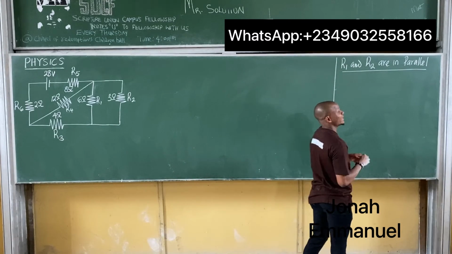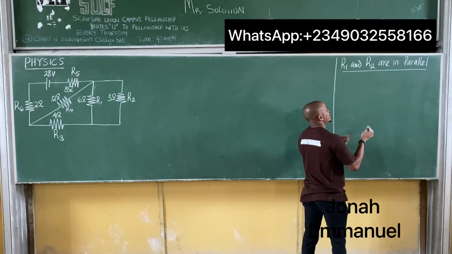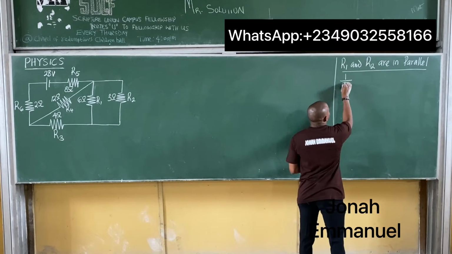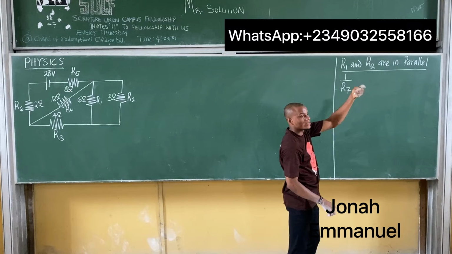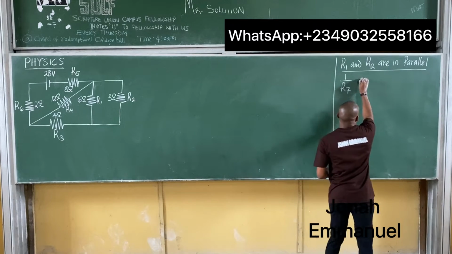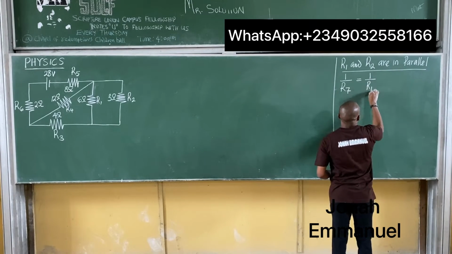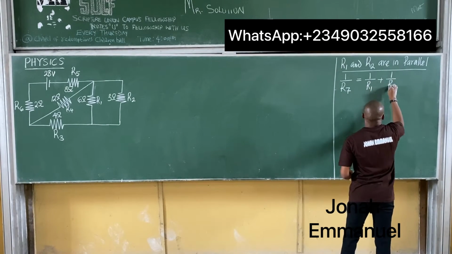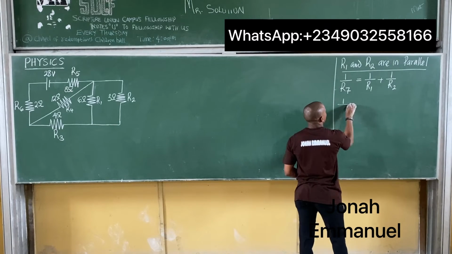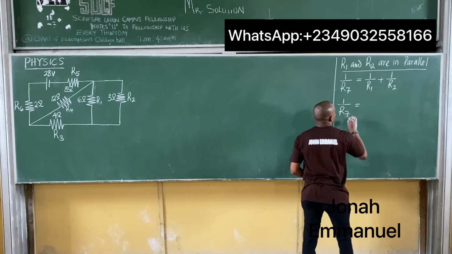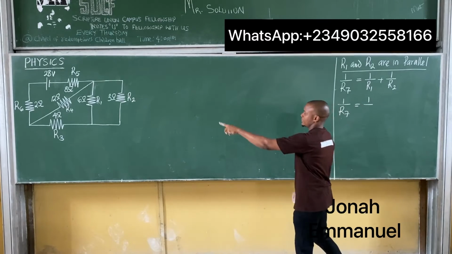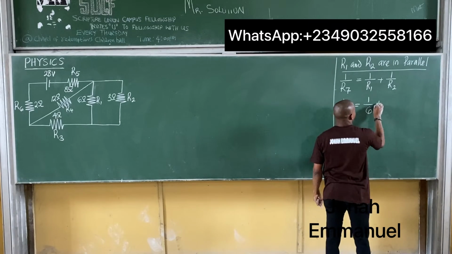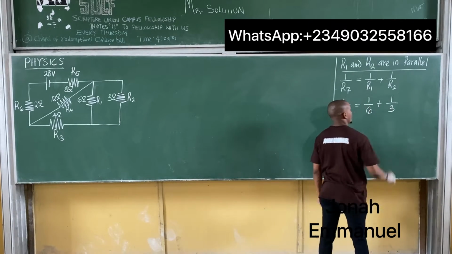Since they're in parallel, the formula is 1 over R7, where R7 is the equivalent of 1 and 2 in parallel, equal to 1 over R1 plus 1 over R2. So I have 1 over R7 is equal to 1 over 6 ohms plus 1 over 3 ohms.